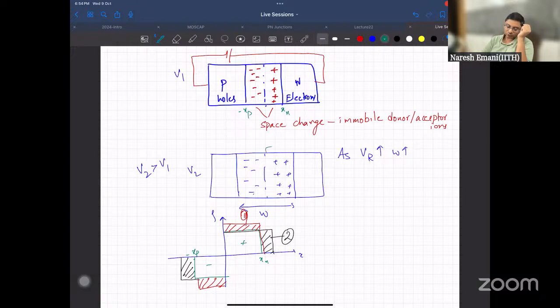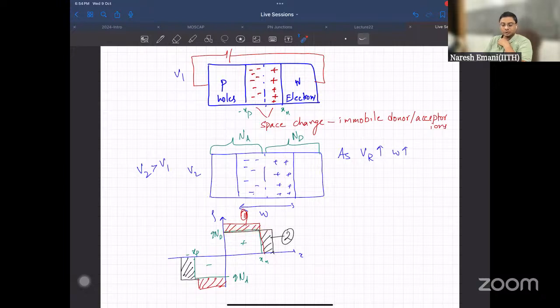This has a doping density of ND, and this has a doping density of Na. So these are uniformly charged semiconductors. That means the magnitude of this charge is Q times Nd, and this is Q times Na, the charge density.